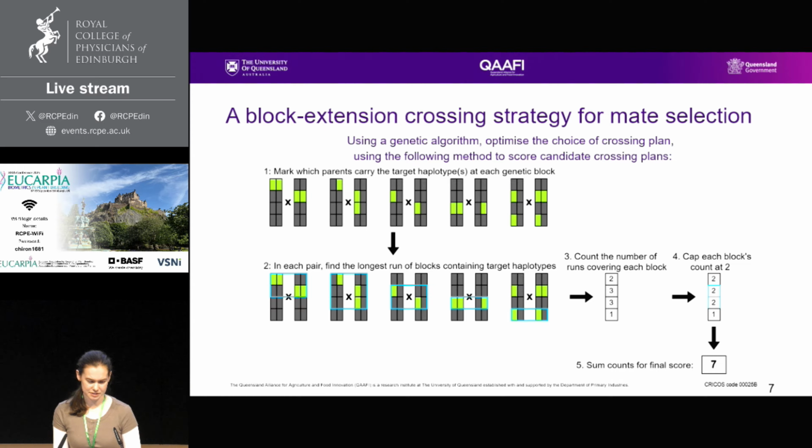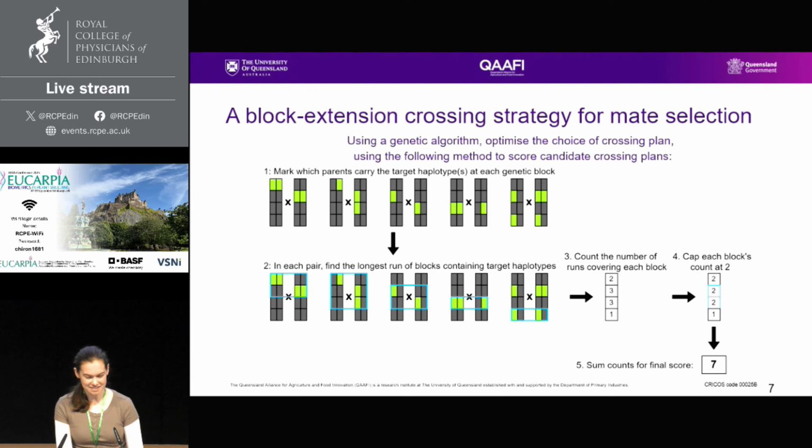So for our candidate crossing plan, the first thing we do is we go through every haplotype block in every parent and mark them out as either target haplotypes or not. I guess you would have some flexibility in what criteria you use for this. If we're using the OHS parent selection method I talked about in the beginning, it already tells you what haplotypes it thinks it wants to assemble together.